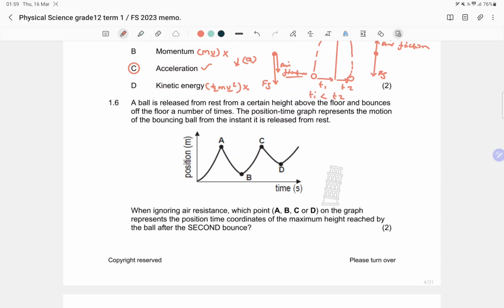Now a ball is released from rest, okay, from a certain height above the floor and bounces off the floor a number of times. So we know that the initial velocity is 0 there. The position time graph represents the motion of the bouncing ball from the instant it is released from rest.